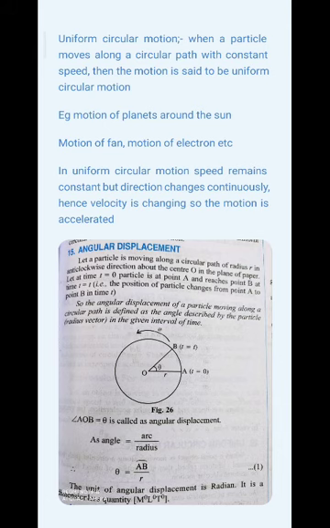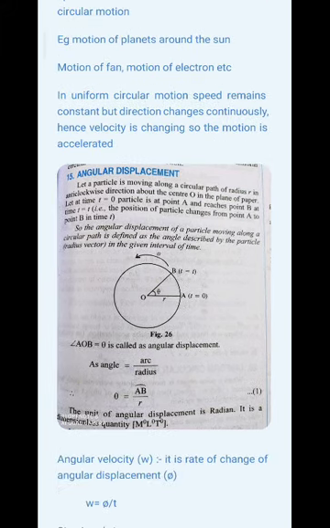The angle this forms at the center is called angular displacement. It is defined as the angle described by the particle while moving from point A to B in a time interval. So angle AOB is called theta.